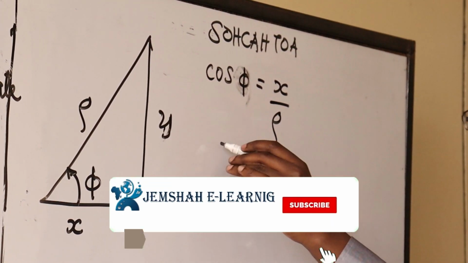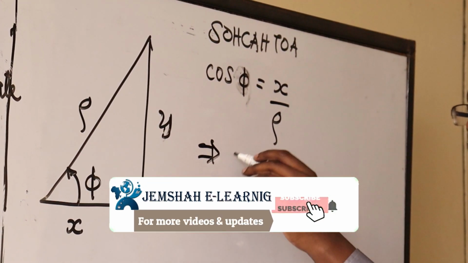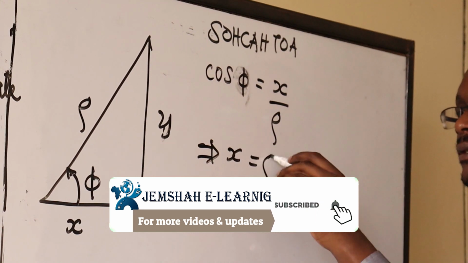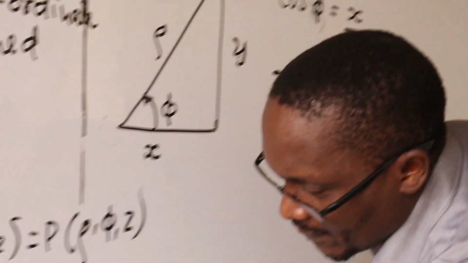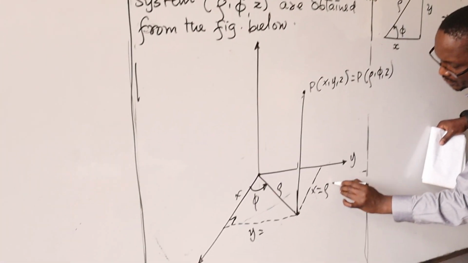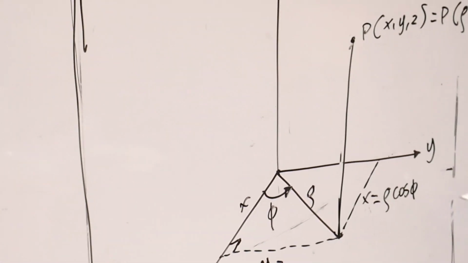So this implies that x must definitely be rho cosine of phi. So this length here must be rho cosine of phi.